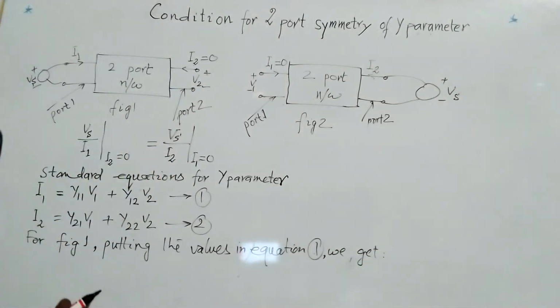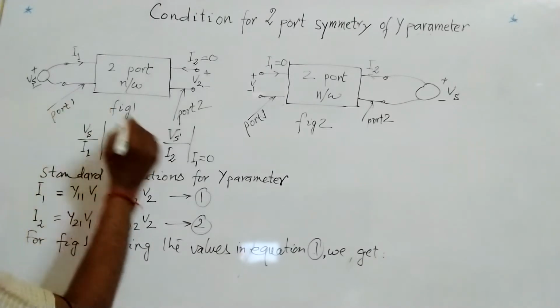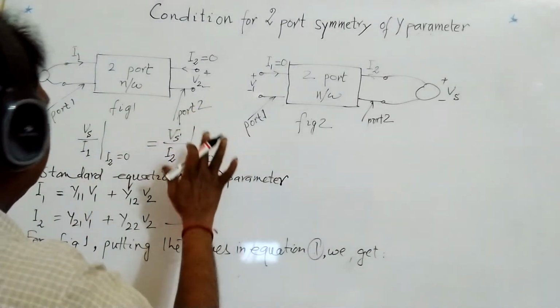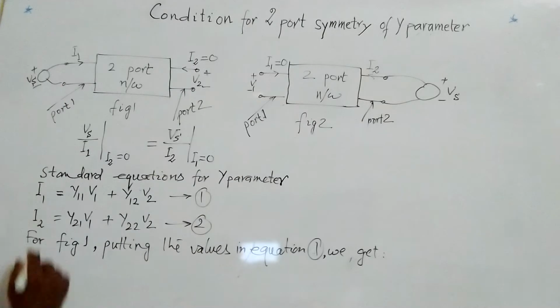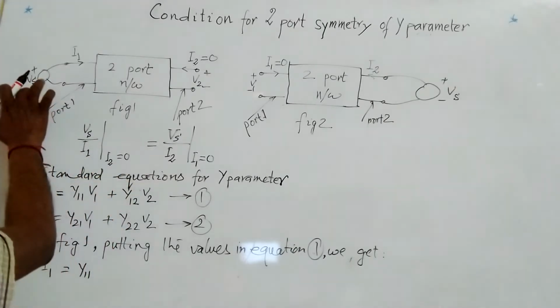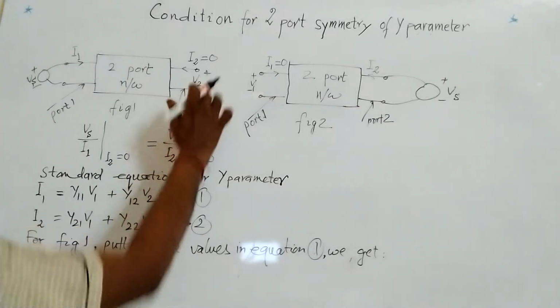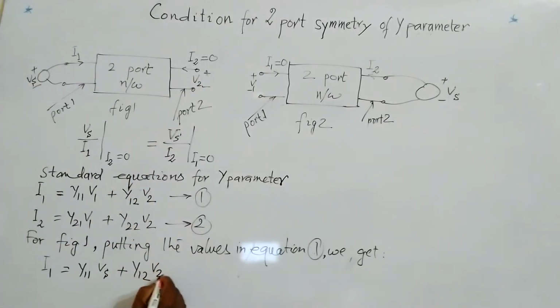Here in figure 1, I1 is I1, V1 is Vs, and V2 is V2. So I1 equals y11 into Vs plus y12 into V2. Let us call this equation 3.